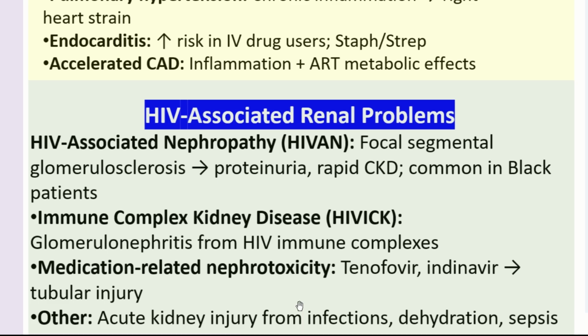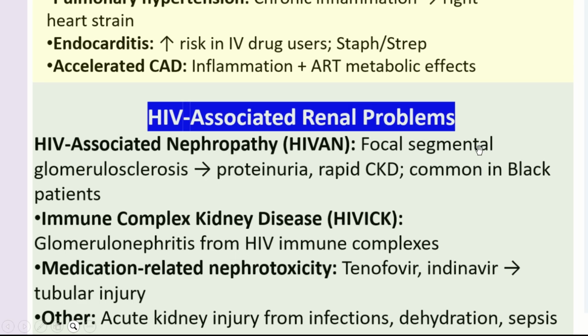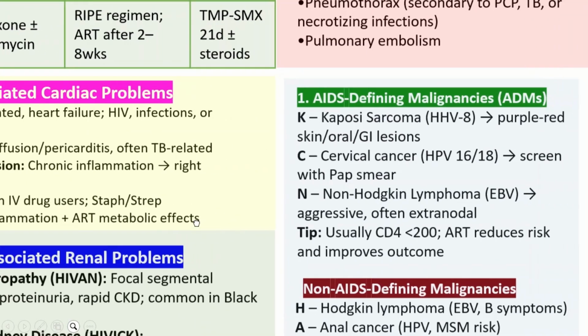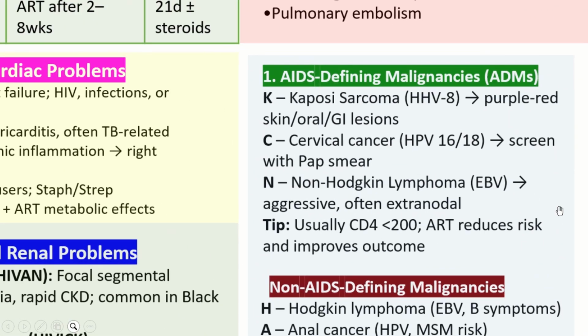So apart from HIV-associated nephropathy, we can have immune complex kidney disease, where we shall get a glomerulonephritis coming because of HIV immune complexes. Then we have medication-related nephrotoxicity, that is if someone is on tenofovir and indinavir, then this can cause tubular injury. Then others, we can have acute kidney injury from infections, dehydration, and sepsis.